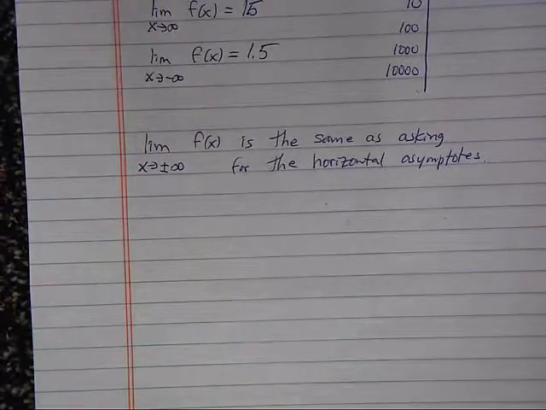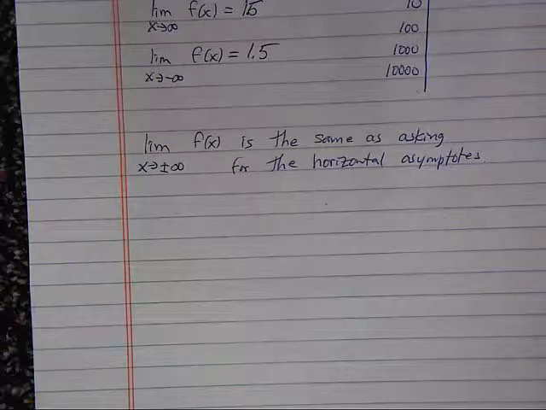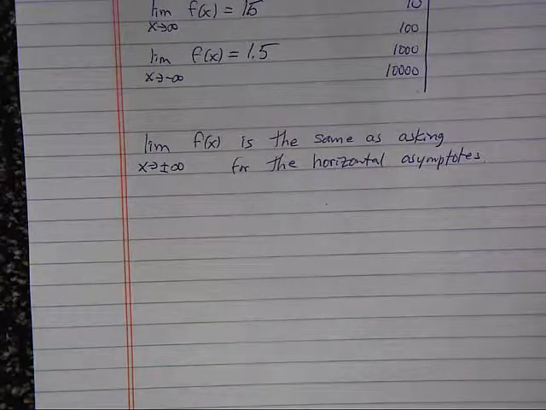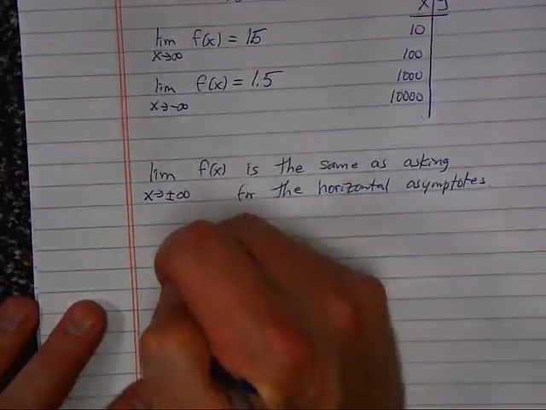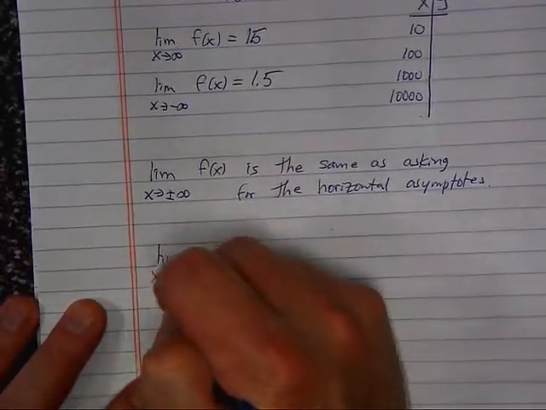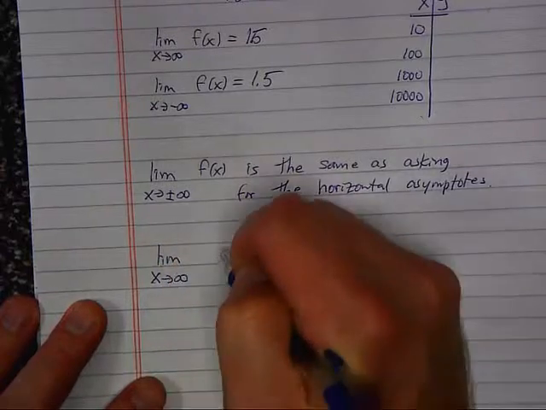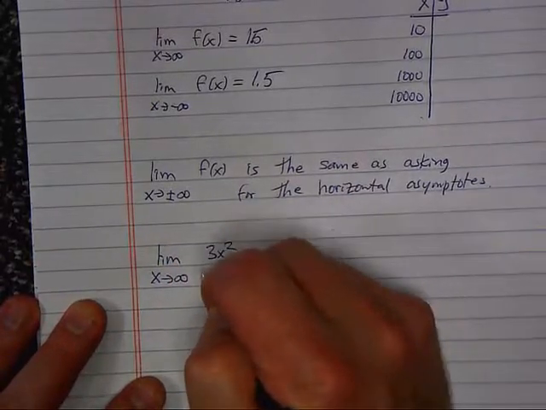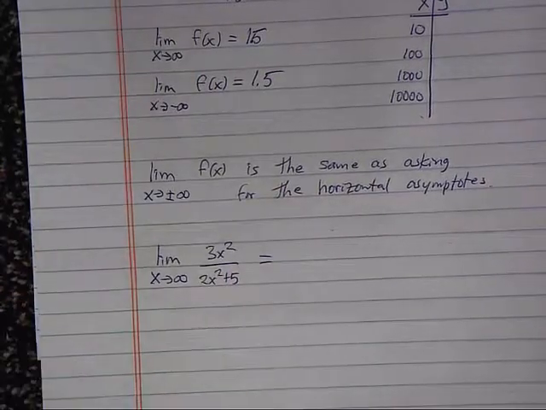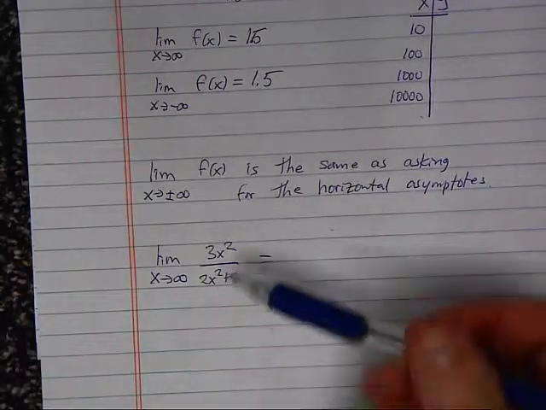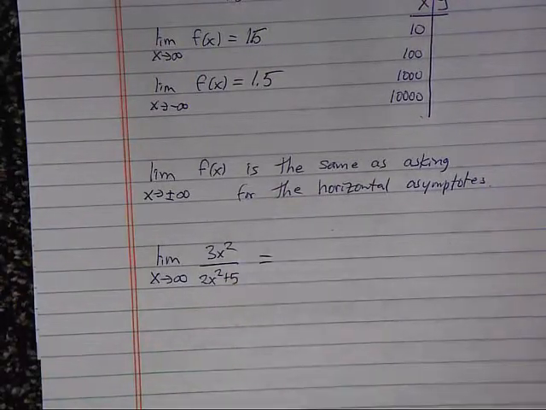Now, my guess is somewhere in your life, in a pre-calculus type course, you've probably looked at horizontal asymptotes before. And you probably learned some pretty easy ways to compute the horizontal asymptotes. And this is what James was saying. If I'm looking at the limit as x goes to infinity of 3x squared over 2x squared plus 5, James looked at that and said, well, the power on top is an x squared, the power on bottom is an x squared.